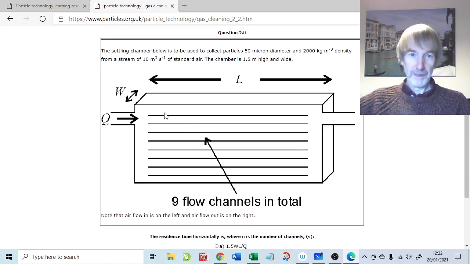This is where we have to take into account the number of channels, because the flow comes in and then we'll divide over 9 separate flow channels. So the flow down each channel is Q divided by N. But hold on a minute, the height of the channel is also going to be H divided by N. So the area that Q divided by N flow has to flow down is in fact the area divided by N, because area is equal to each of these heights times W. So N cancels out.